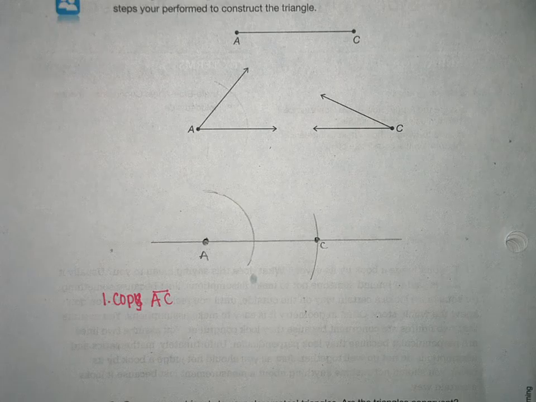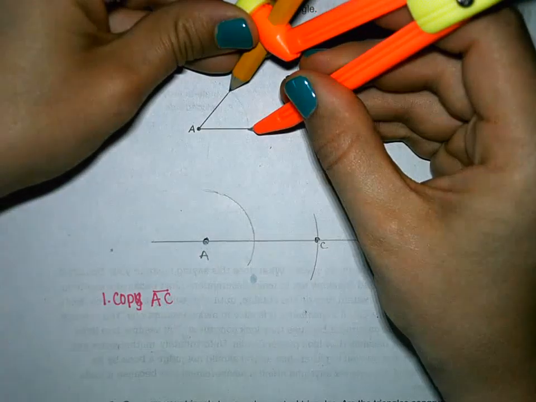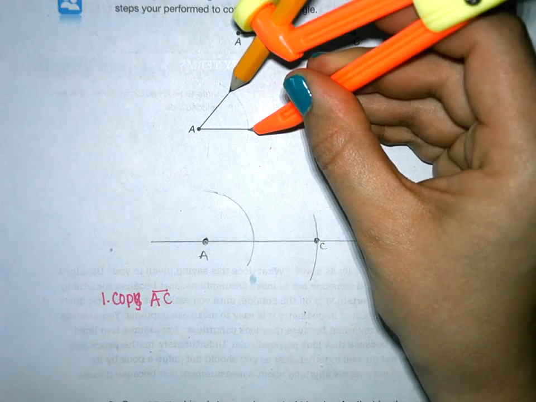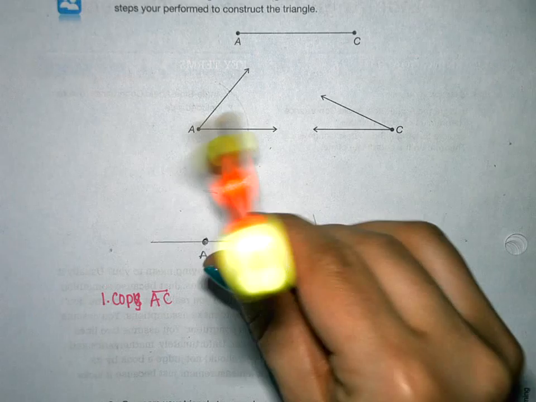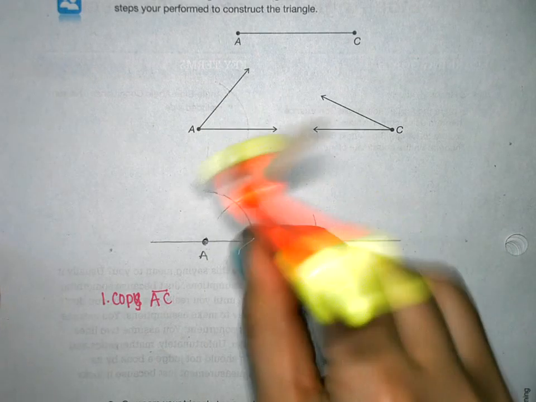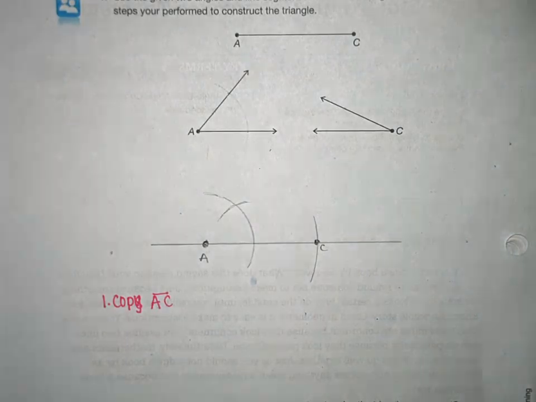And then I'm going to measure the distance between the legs of angle A, and I'm going to draw an arc that matches that distance on the arc that I just drew.